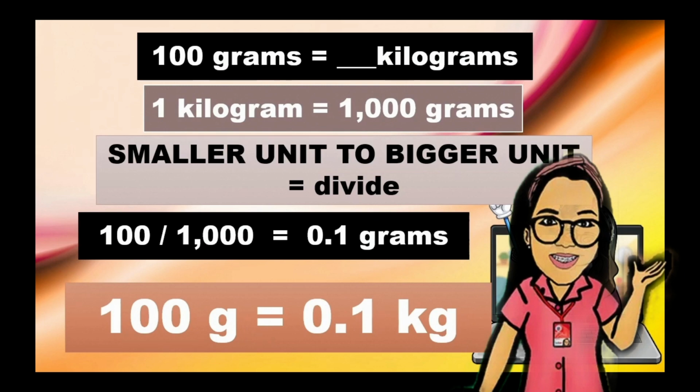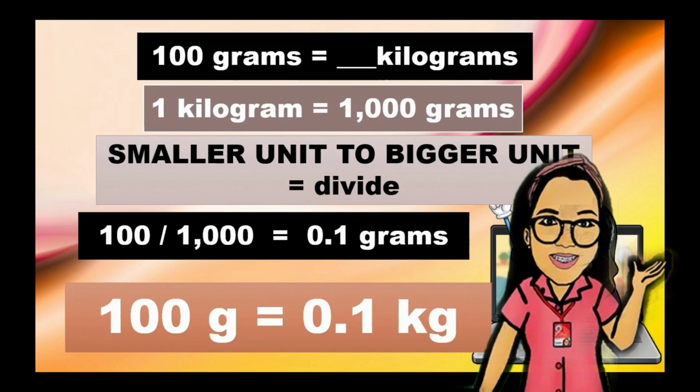Here's our third example. 100 grams is equivalent to how many kilograms? 1 kilogram is equivalent to 1,000 grams. So, smaller unit to bigger unit, you are going to divide.